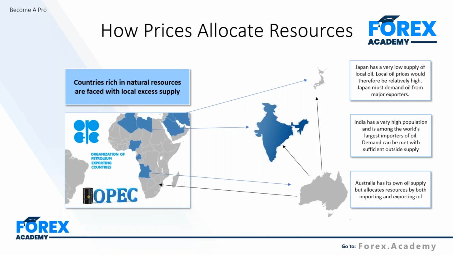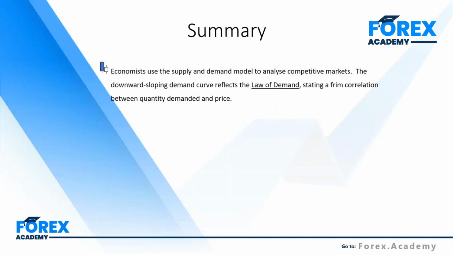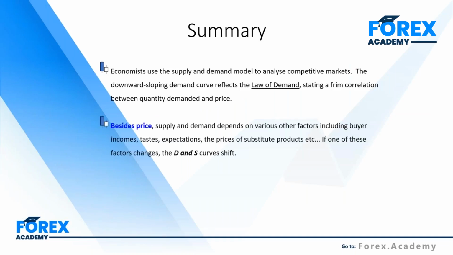Okay, so just to summarize, economists use the supply and demand model to analyze competitive markets. The downward sloping demand curve reflects the law of demand, stating a firm correlation between quantity demanded and price. Besides price, we defined non-price determinants.